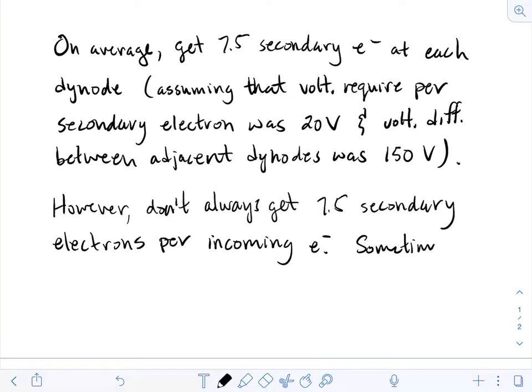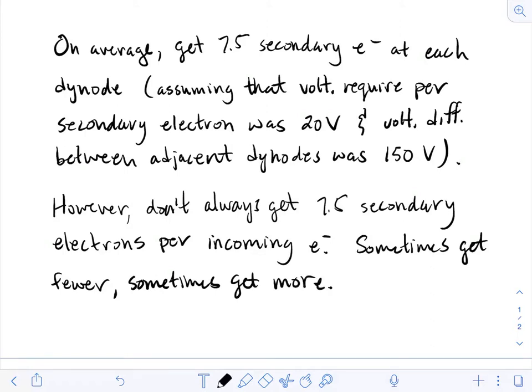Sometimes you get fewer. So sometimes maybe a single electron accelerated through 150 volts results only in 5 secondary electrons. Sometimes you'll get more, right? Maybe sometimes you get 12 secondary electrons produced. And so there's some variability in the number of secondary electrons per collision.